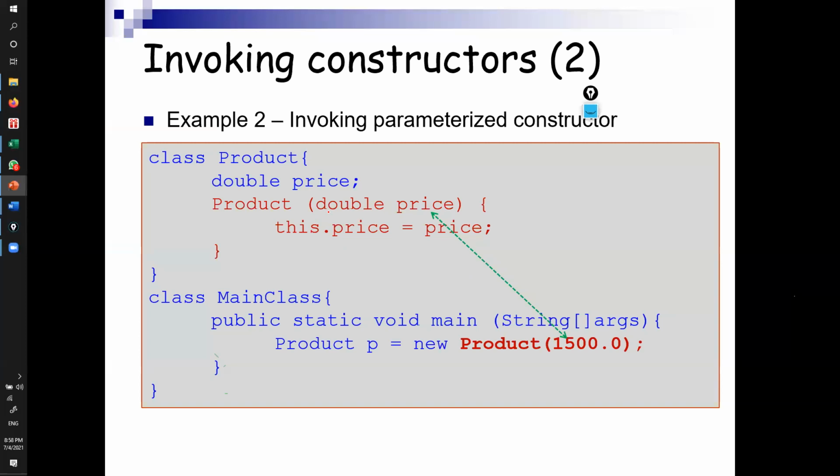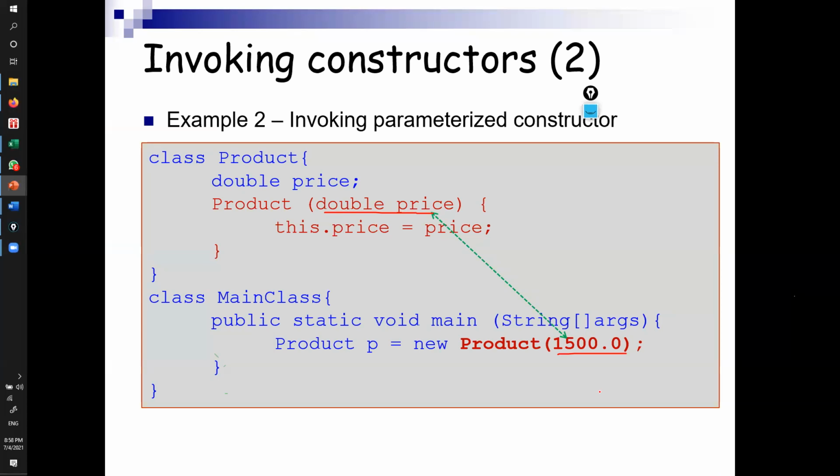Yes, since our constructor takes one parameter, when you do so, you make sure you pass the parameter. So this is where we said you can initialize. This means now, by the time you create an instance of your product class, you initialize the price as well.